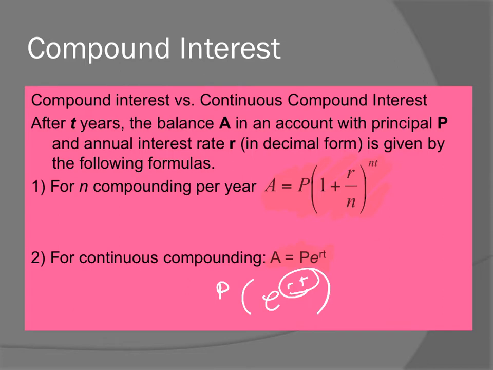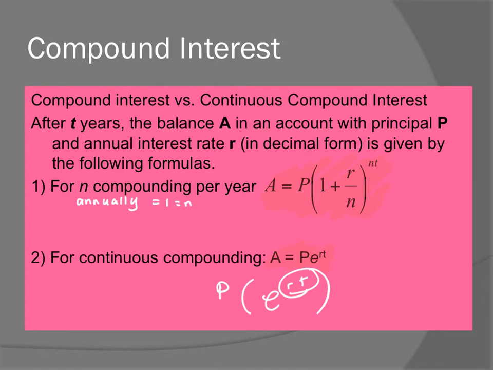So the difference between these two is compounded interest is happening a certain number of times a year. So sometimes something will say that you have money in an account, like a savings account or whatever it is, and it's compounding interest annually. If it's annually, how many times a year is that? Once a year. So my n, number of times a year, would equal 1.